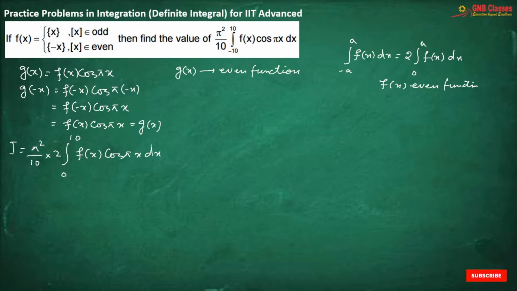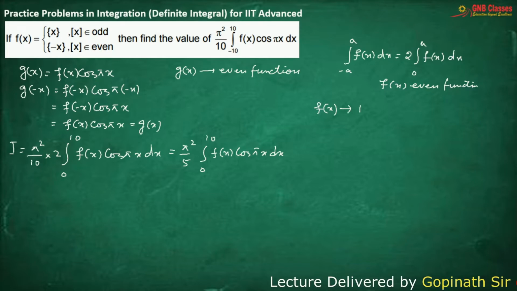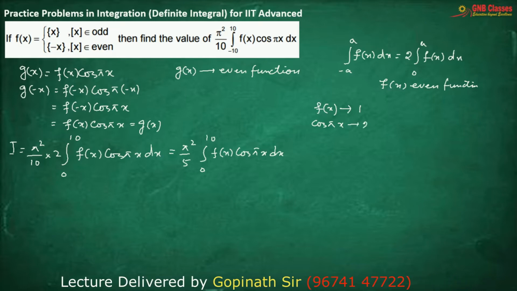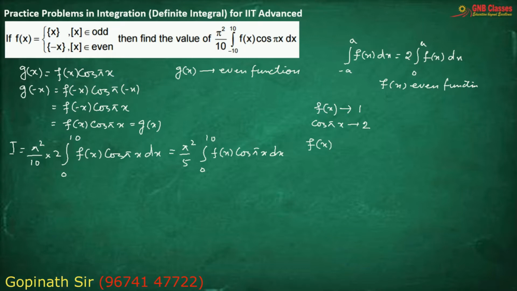Now observe carefully that your f(x) is a periodic function with period 1 and cos(pi x) is a periodic function with period 2. Therefore, f(x) cos(pi x) is a periodic function with period 2.